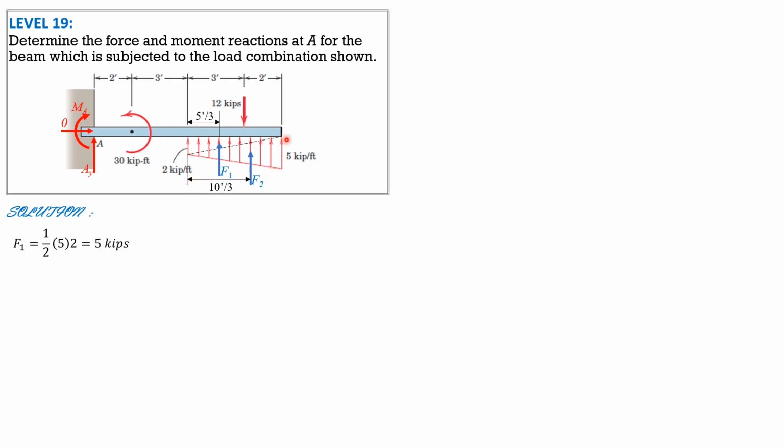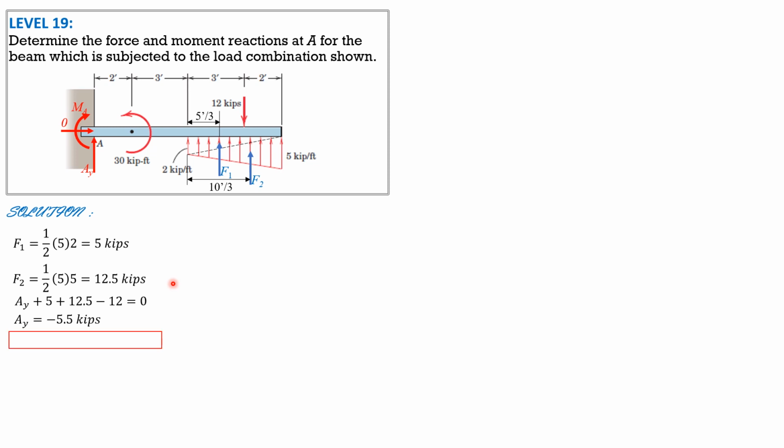F2 is 1/2 of 5 times 5, so 12.5 kips. Then summation of forces in Y, AY plus F1 5 plus F2 12.5 minus 12 equals 0. So AY is equal to negative 5.5 kips. So that means RA is 5.5 kips downward because AX is 0.